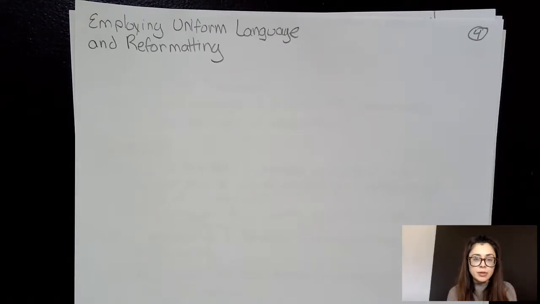As you will recall, there are several different kinds of excess verbiage, and in this lesson or series of lessons and in our examples, we are going to be reviewing what kinds of excess verbiage can be eliminated, and I will also introduce to you or elaborate on some excess verbiage not covered in the module. We'll also go over employing uniform language and reformatting arguments in paragraph form.